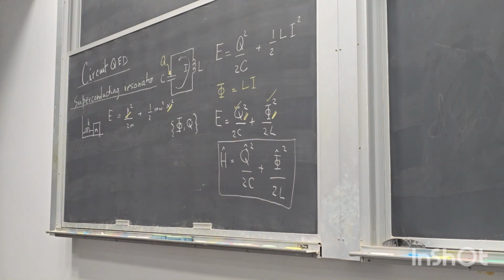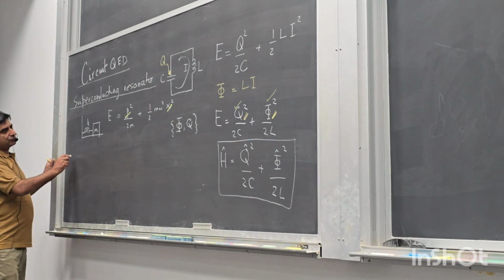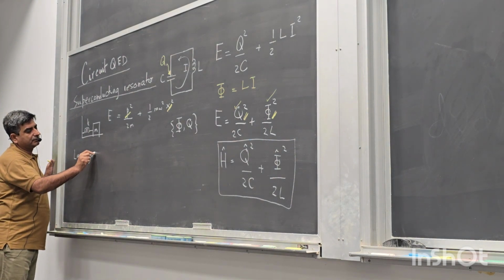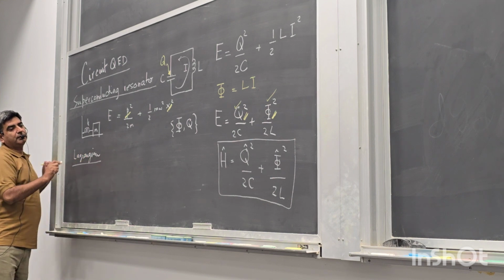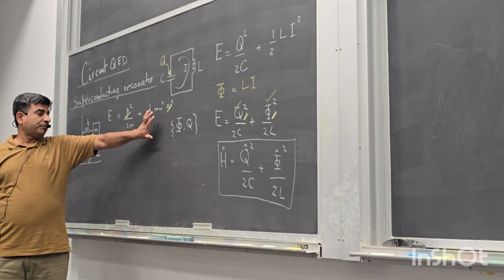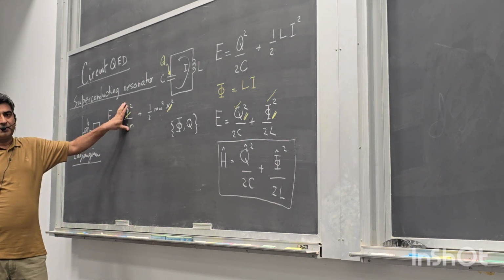So now once we have the Hamiltonian, in today's lecture we're also going to use the concept of the Lagrangian. Now this part is the potential energy part. This part is the kinetic energy part.